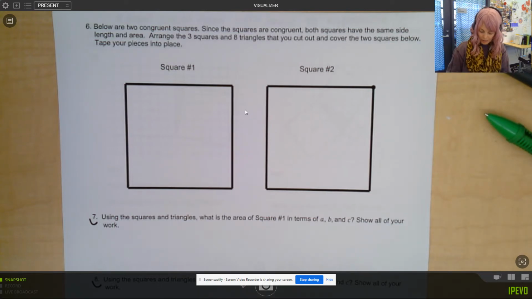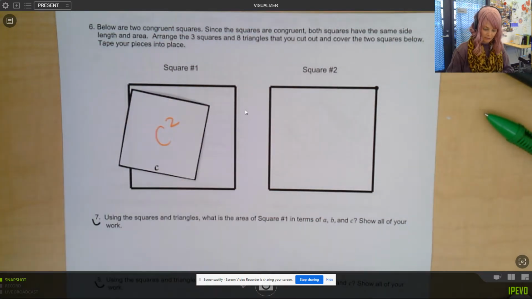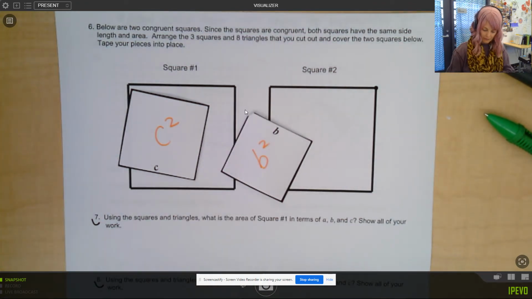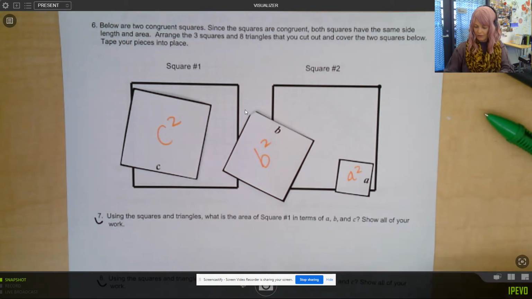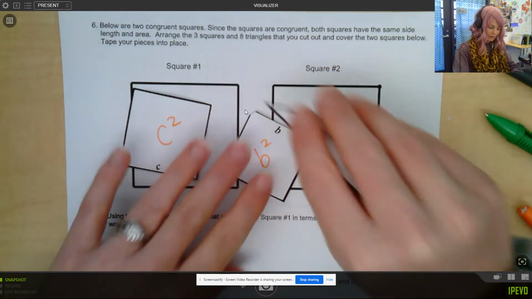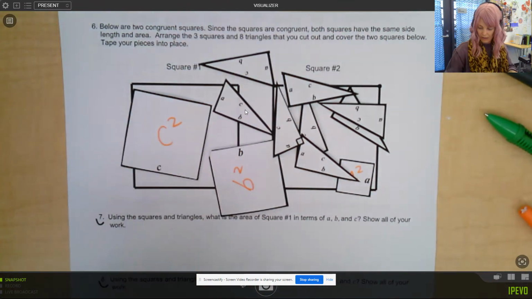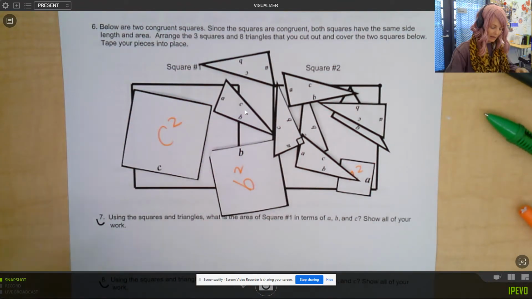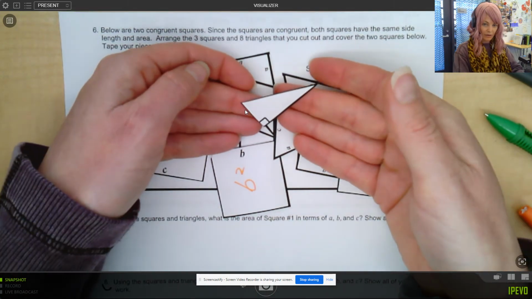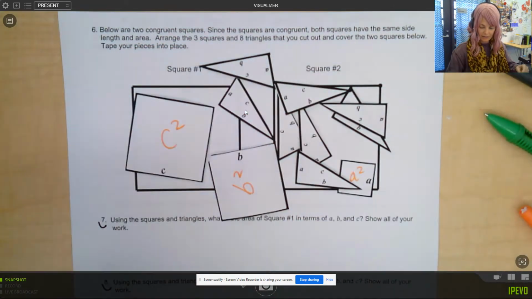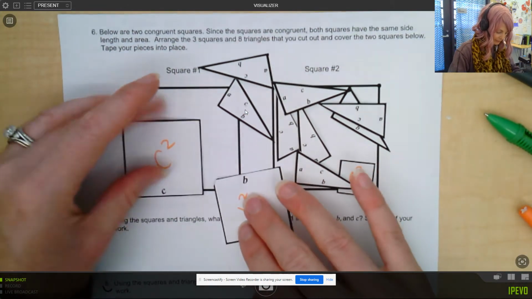So remember, you have your C squared, you have your B squared, and you have your A squared. And then you have 8 little triangles that have A, B, and C also labeled. If you cut out the middle of the square that has a right triangle, notice that one doesn't have A, B, and C labeled. So don't use that one.